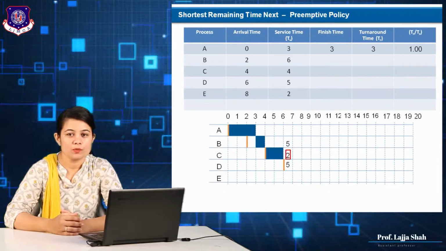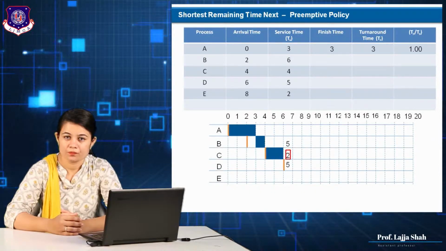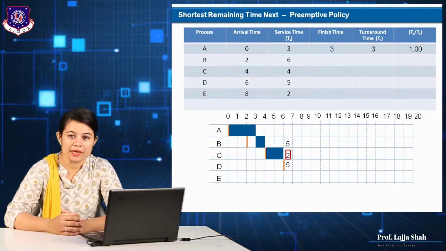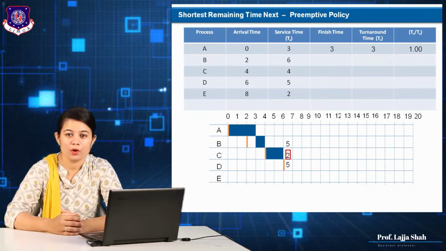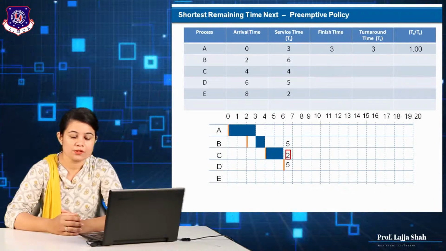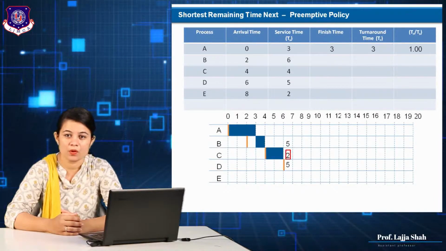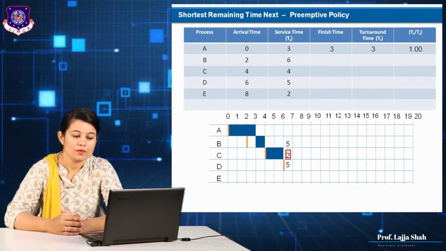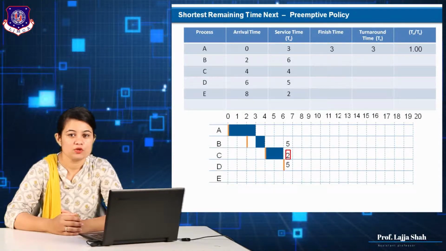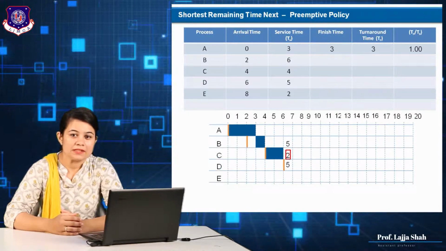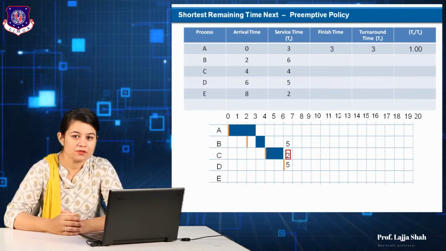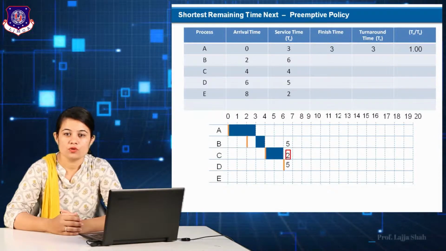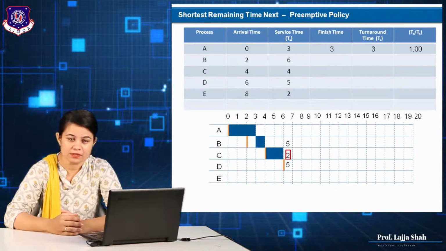At this time, a new process has arrived in the system, process D. Again, the operating system needs to check the shortest remaining time among 3 processes: process B, process C and process D. Process B is left with 5 seconds. Process C is left with 2 seconds, because its total service time is 4 seconds and it has been executed for 2 seconds, so it is left with 2 more seconds.